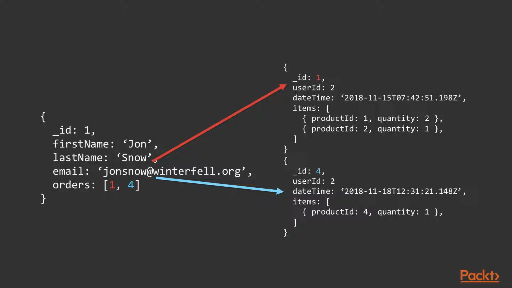MongoDB comes with its own query language that will let us write queries that look up data similar to how we would write a select statement in an SQL database. So thanks to this, we can support endpoints that are a bit more complex, like this one that would find all orders belonging to a user with the given ID.